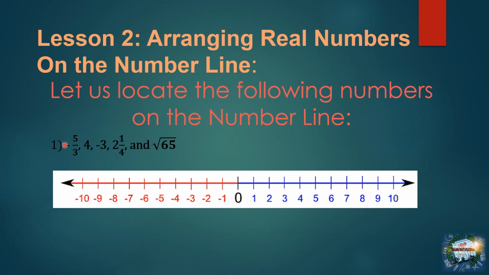Matitira, ang katumbas nito pala ay negative 1 and ilan natira? 2. 2/3. Ito ang katumbas ng negative 5/3. Okay? Mahirap magsulat gamit ang mouse.